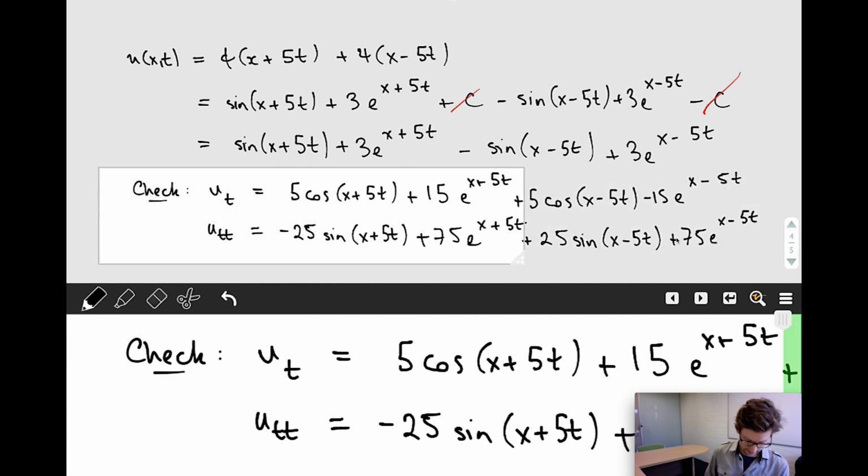So that's my left-hand side of my partial differential equation.